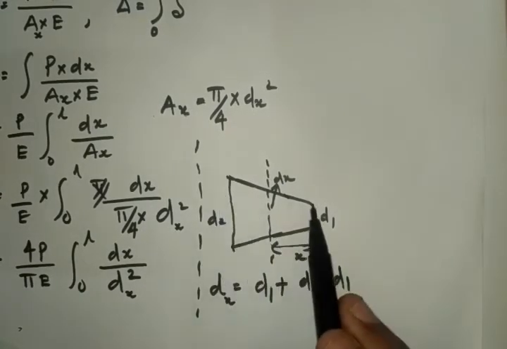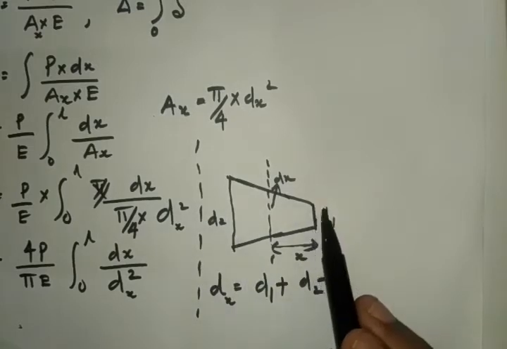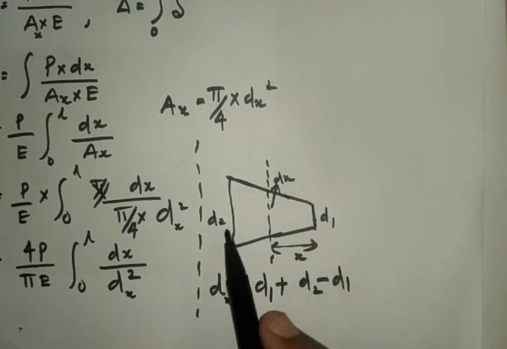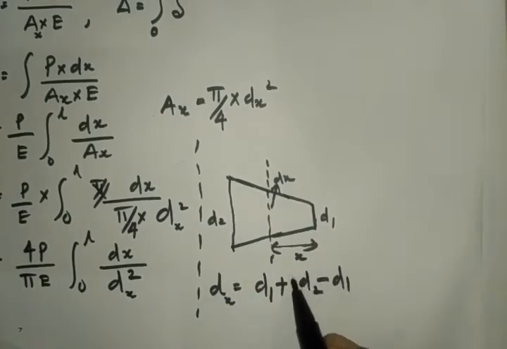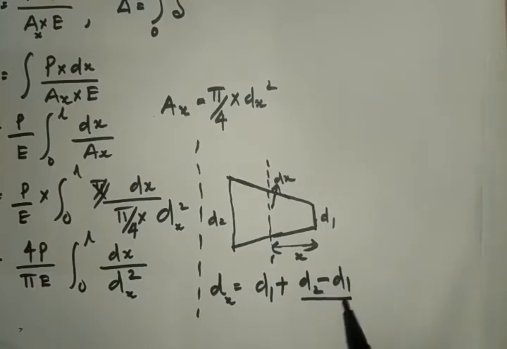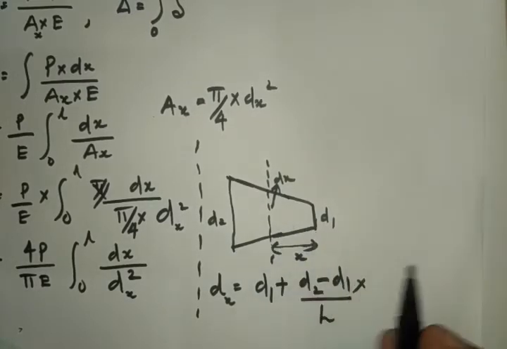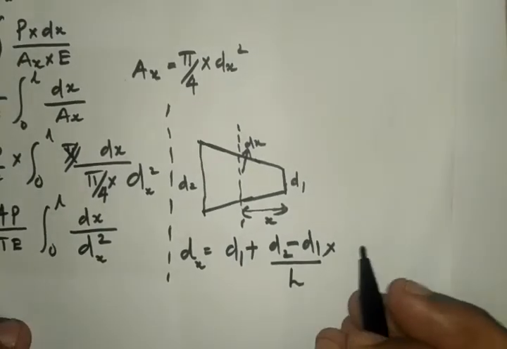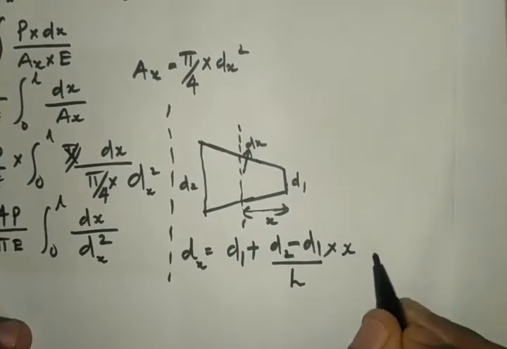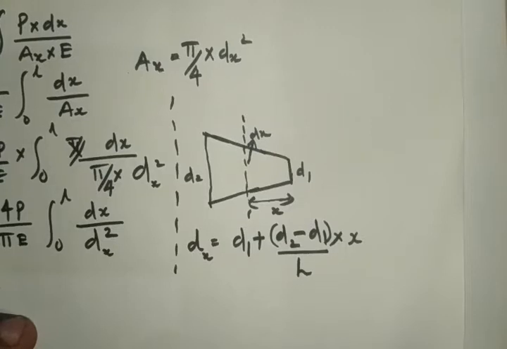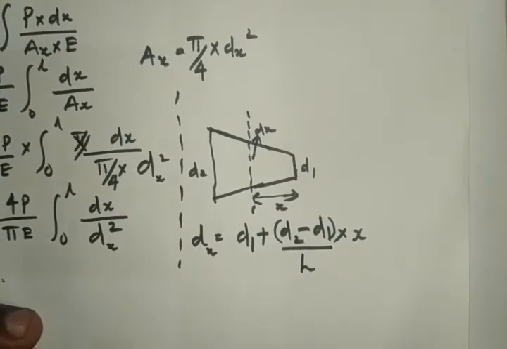The total difference happens when the length goes from 0 to L. When it goes from D1 to D2, the length became 0 to L, and this total difference happened in that L. So divided by that total length L, into x. So Dx is equal to D1 plus D2 minus D1 divided by L into x.